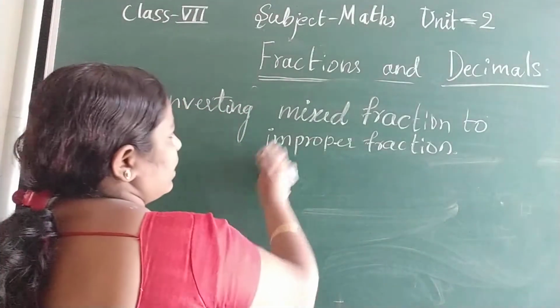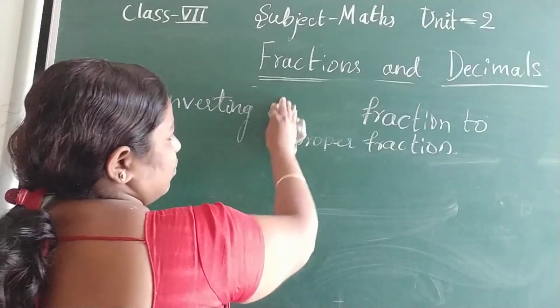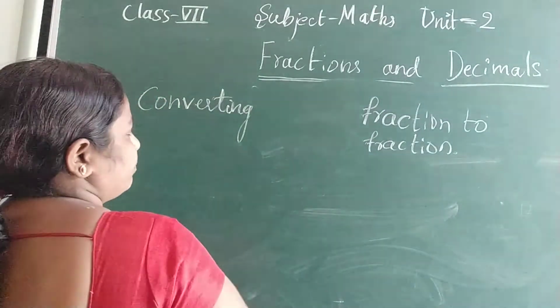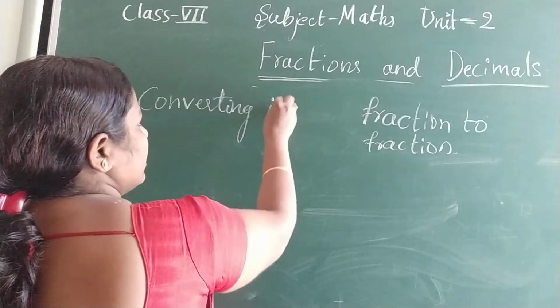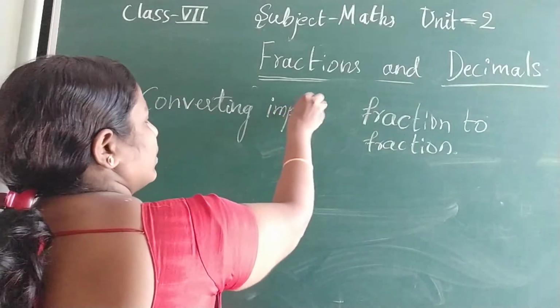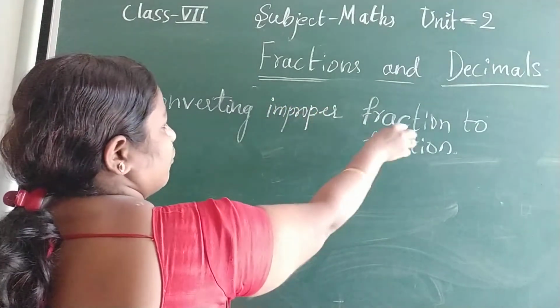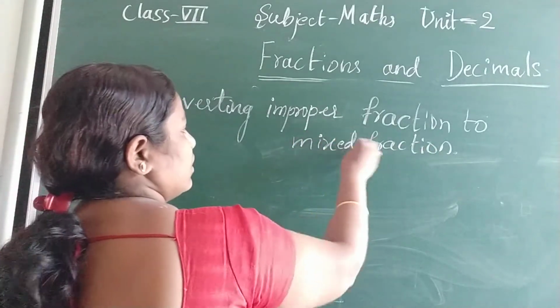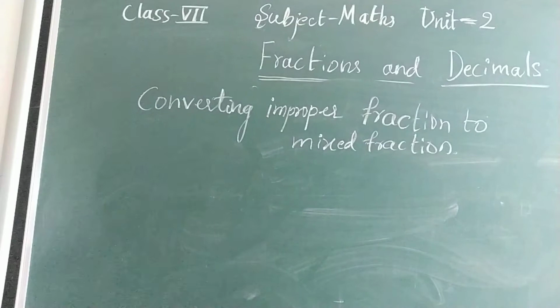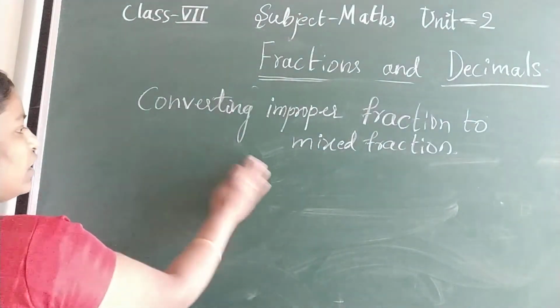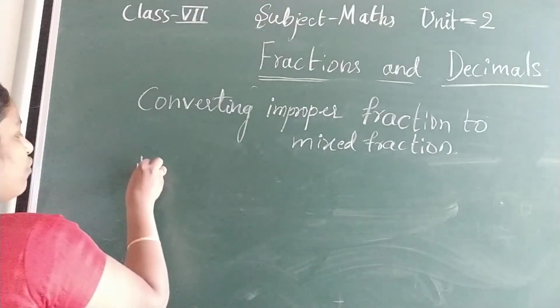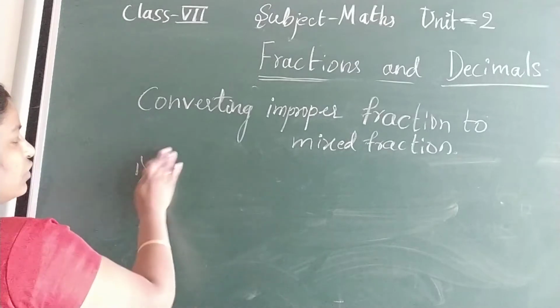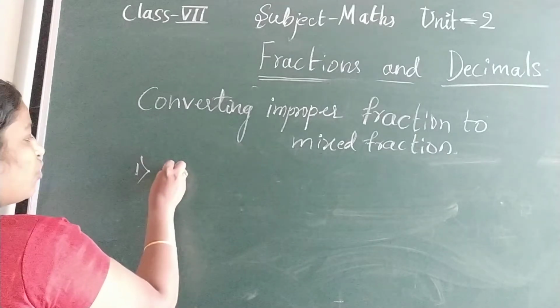Now converting an improper fraction to a mixed fraction. How can we do that? Take an example of an improper fraction.